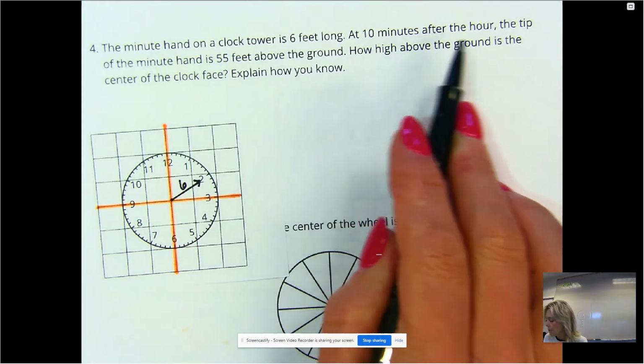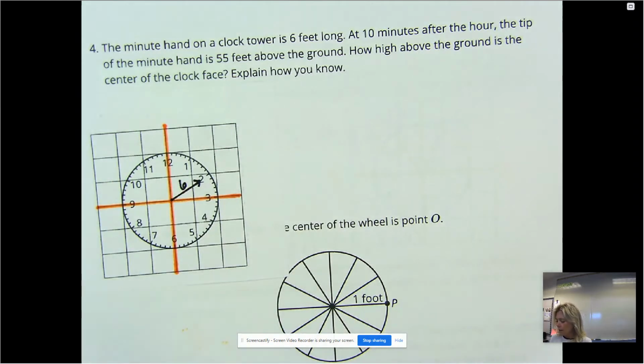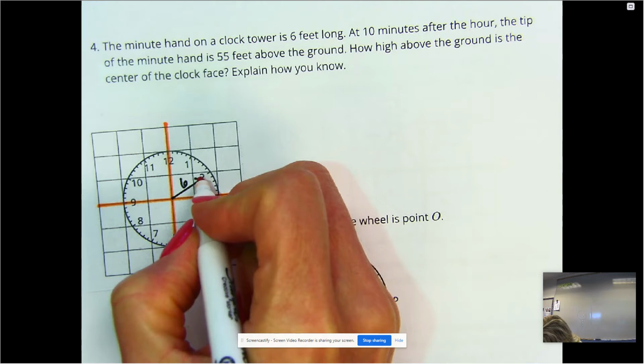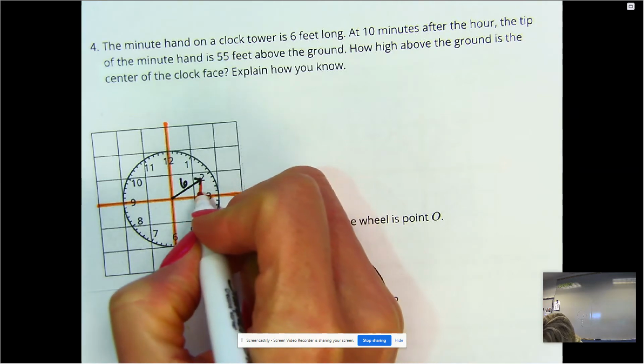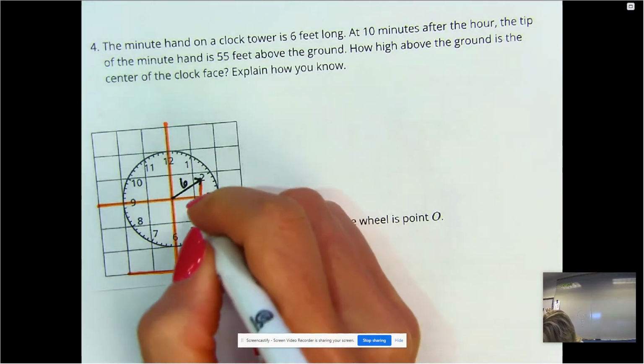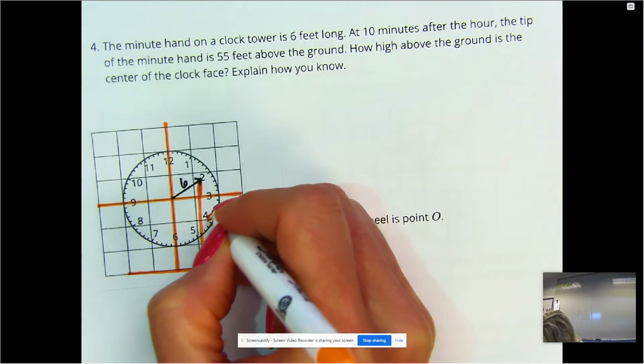At 10 minutes after the hour, the tip of the minute hand is 55 feet above the ground. So 55 feet above the ground, here's the tip of the minute hand. And let's say the ground is down here. I know this total distance is 55 feet.